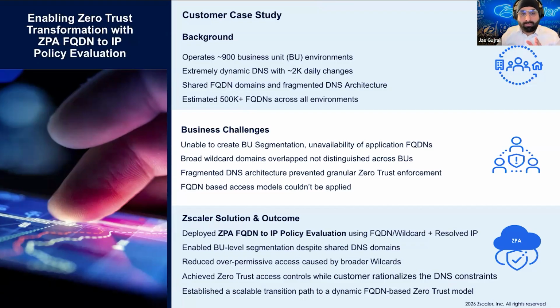Now, with this approach, they were swift to move ahead even without having to re-architect their entire DNS immediately, while establishing a scalable zero trust environment, like I said, retaining their extremely dynamic FQDN based model.